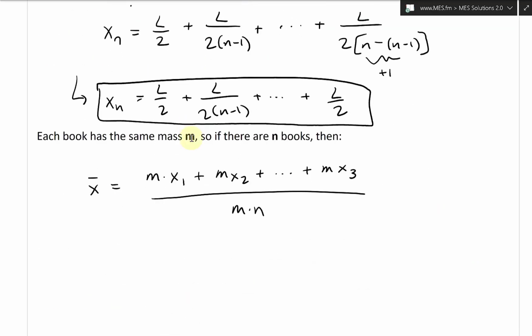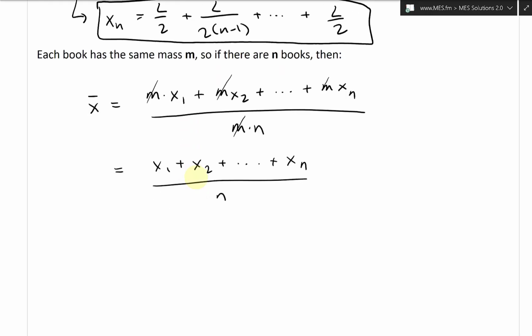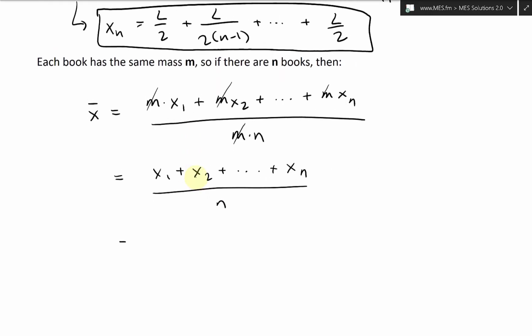Then we could divide out m on every single term, so it's not dependent on mass because they're all the exact same. So this equals x1 plus x2 plus dot dot dot plus xn, all divided by n. Let's put this 1 over n over here.